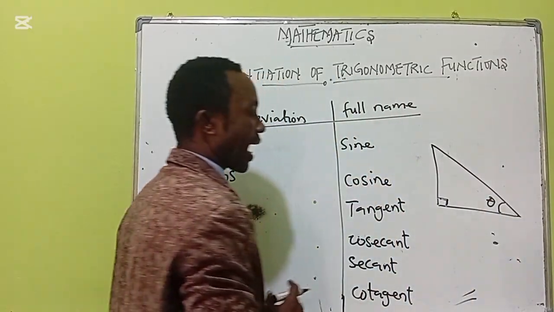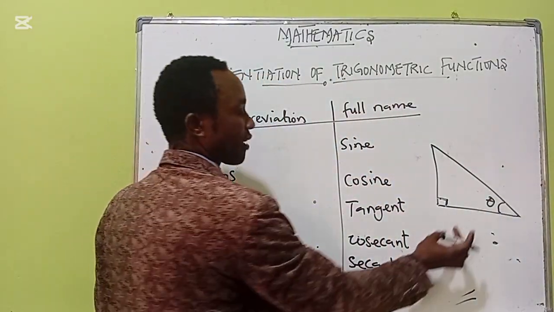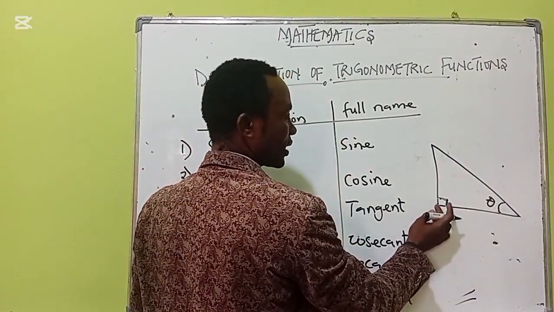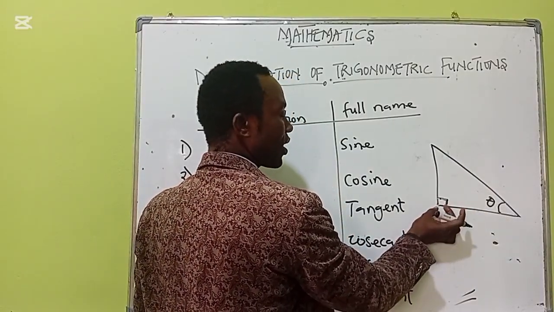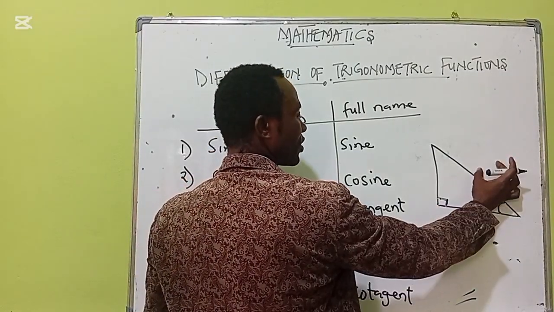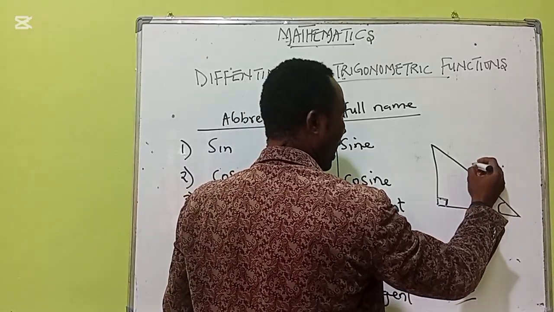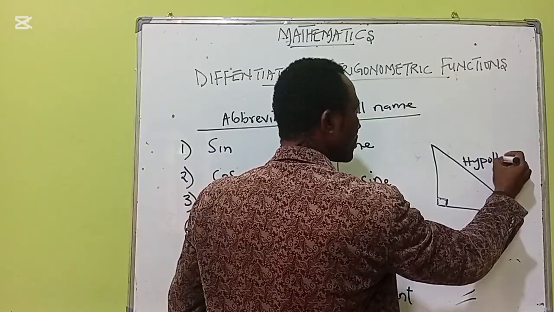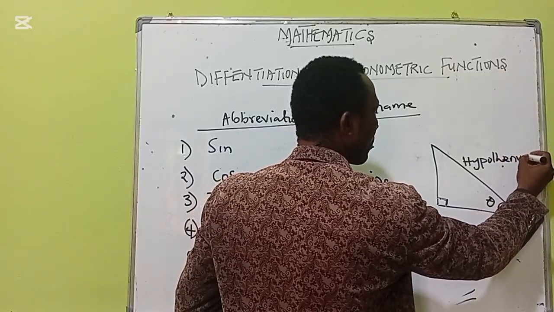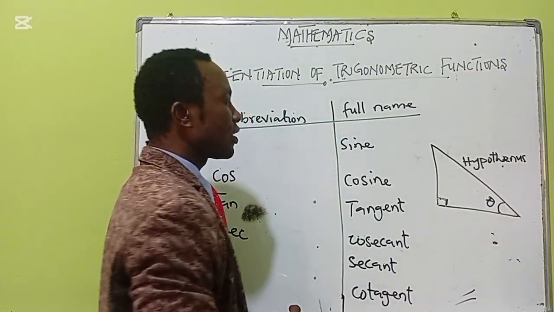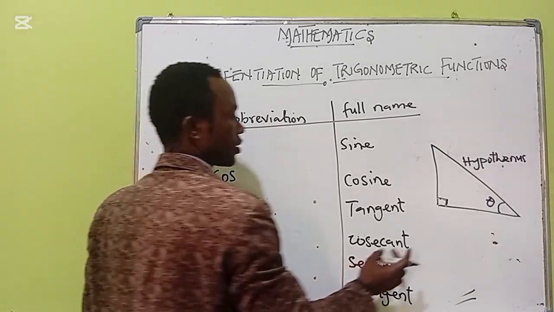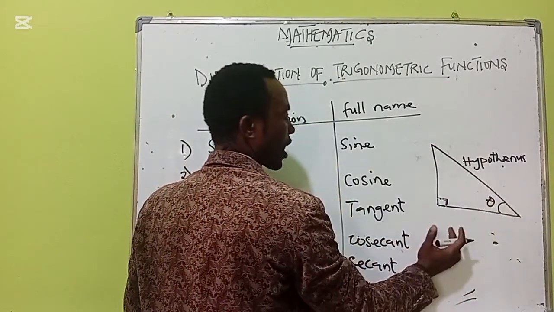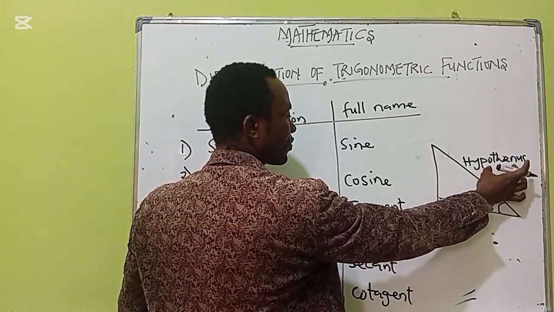Now, there is always theta, that is an angle. Let's say one of the angles, theta, is here, and this one is 90 degrees. Anywhere this 90 degrees is facing, we call that side the hypotenuse. The hypotenuse is always the side of the triangle where the right angle is facing.